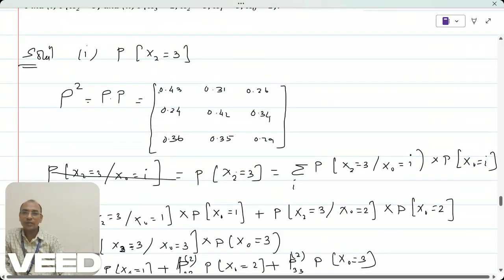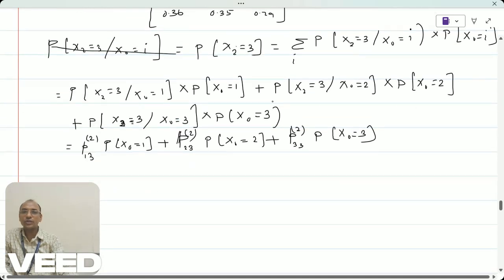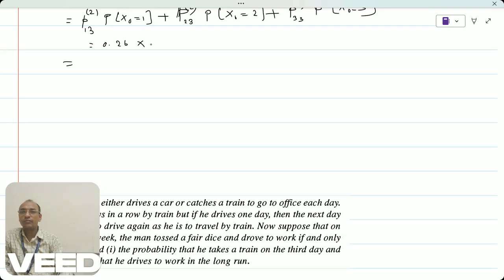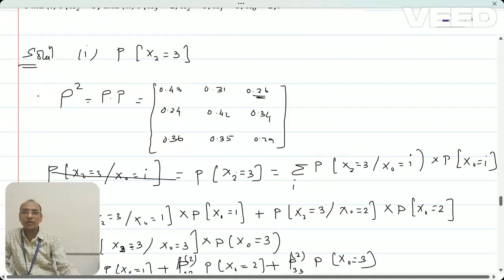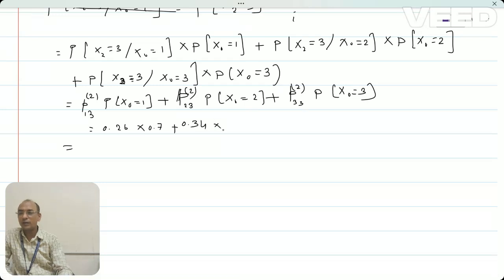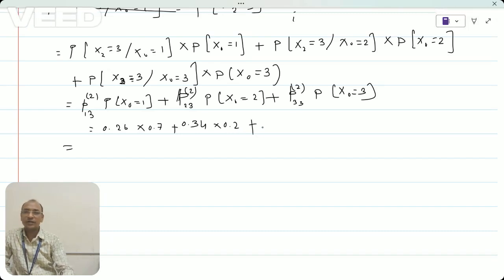So finally what will we get? P13 in step 2 is 0.26, so we have 0.26 into 0.7, plus P23 in the second step, which is 0.34, into 0.2, and then the third one is P33, which is 0.2, into the probability of X0 equal to 3, which is 0.1.